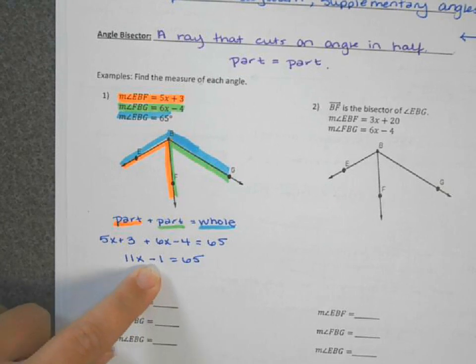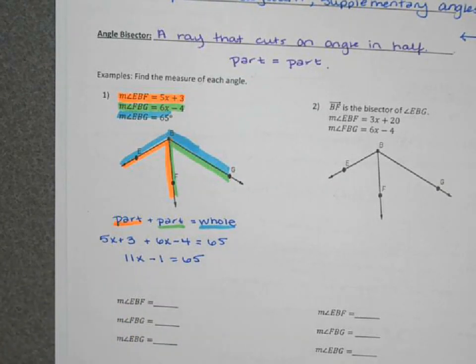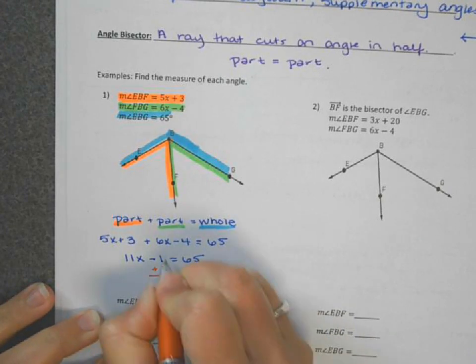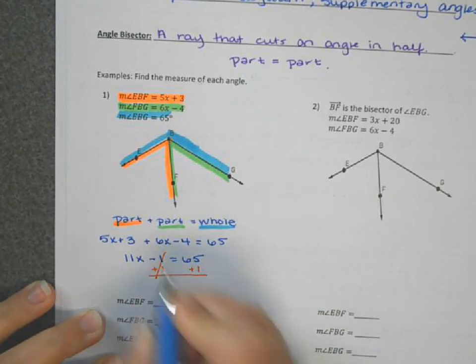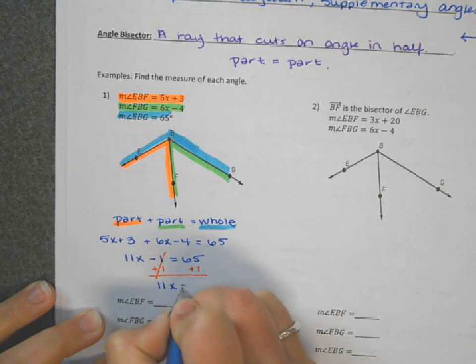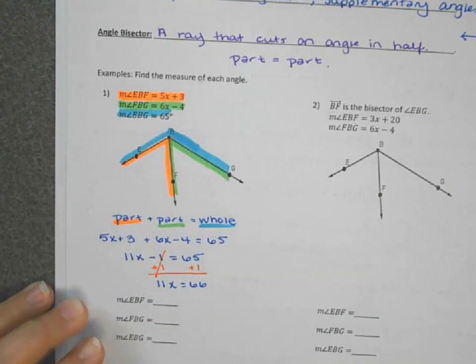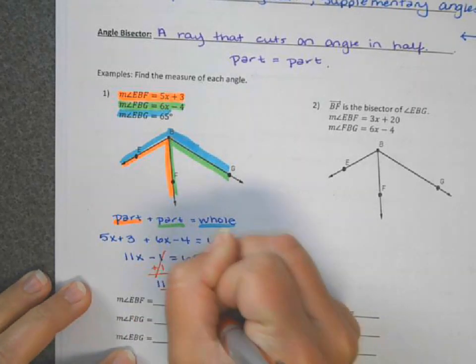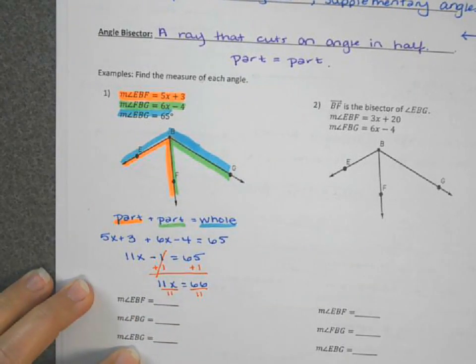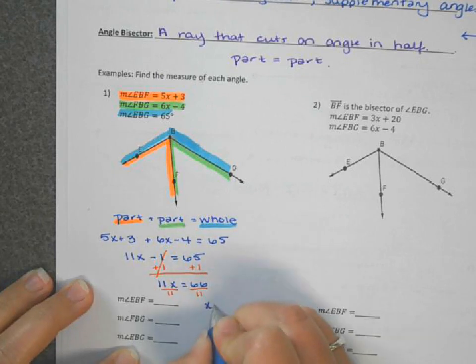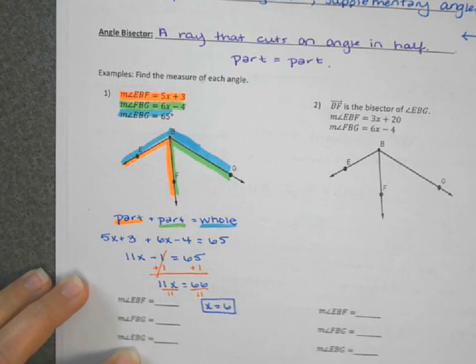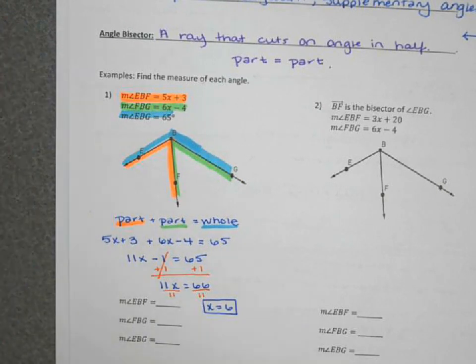In order to get rid of that, I'm going to have to add 1 on both sides. 11x equals 66. I will then have to divide by 11 on both sides, and x equals 6. That's your first goal, is to figure out what x is.